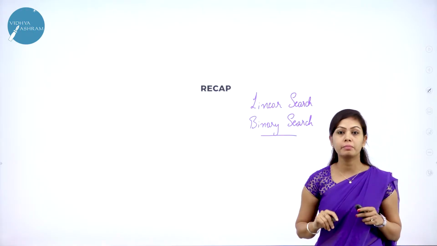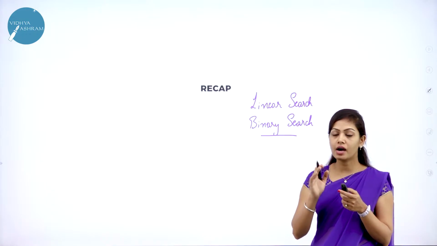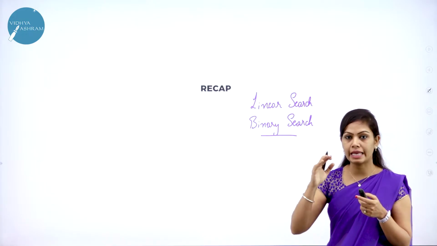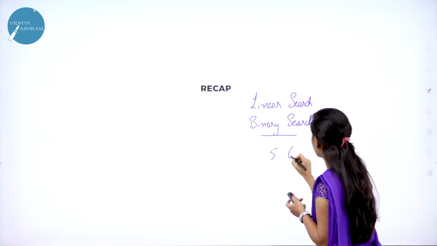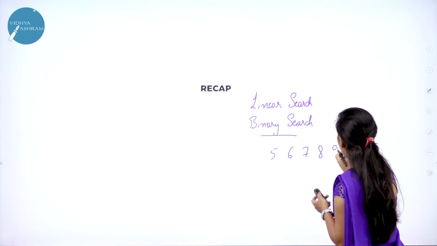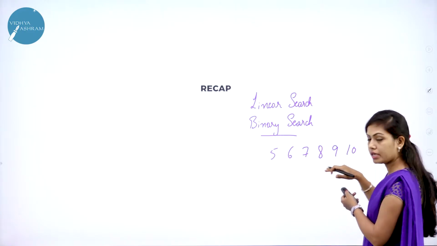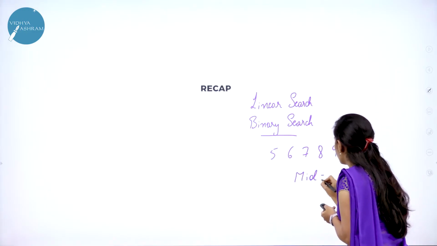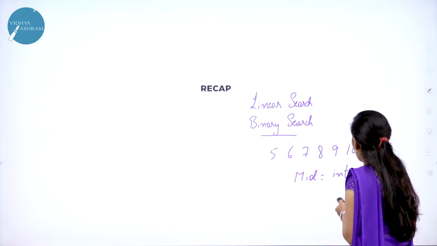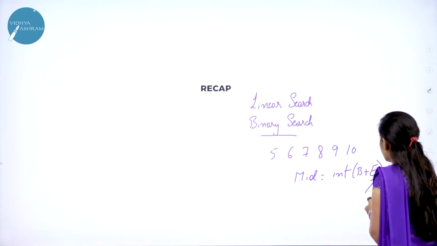What do you mean by binary search? Binary search is used when the elements of the array are in sorted order, like 5, 6, 7, 8, 9, 10. When the elements are in sorted order, we can use mid is equal to int of (b plus e) by 2.